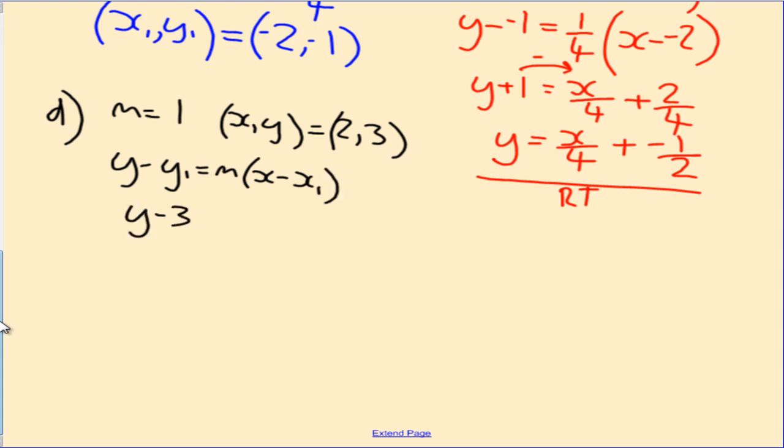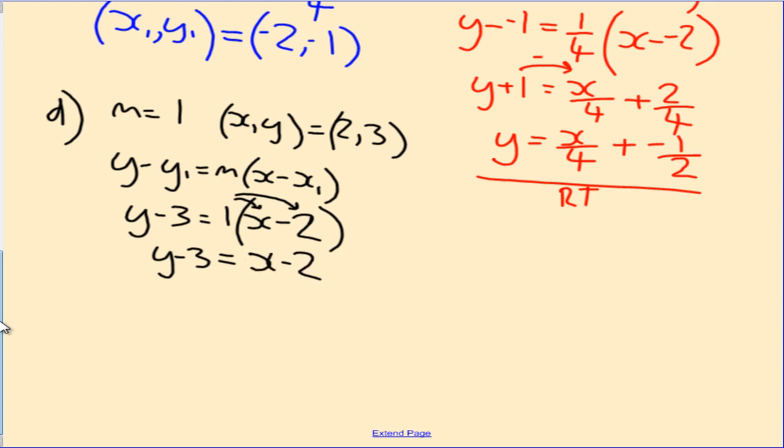Y minus a 3 equals a gradient of 1 outside of x minus a 2. y minus 3 equals, now expanding the brackets, we're multiplying everything inside by 1, which doesn't change anything, so we're left with x minus 2. Moving our 3 away from the y, we do that by adding it, so we're left with y equals x plus 1. There is the equation of our line.